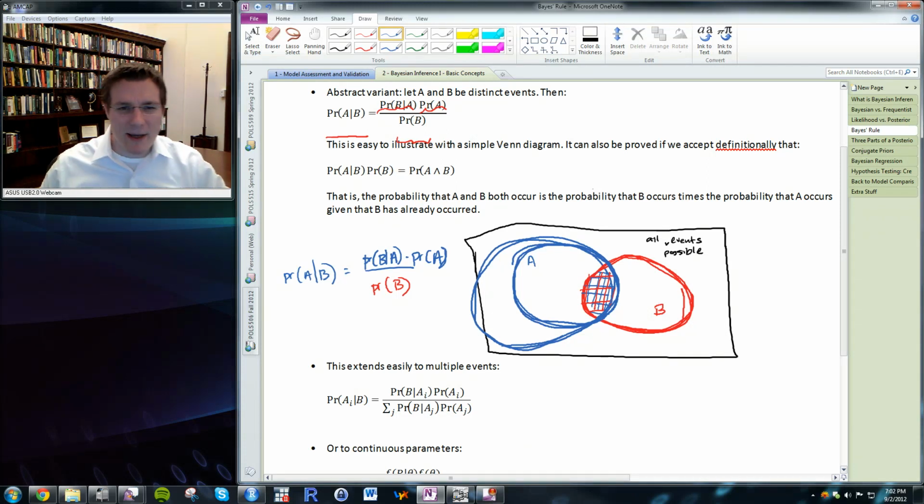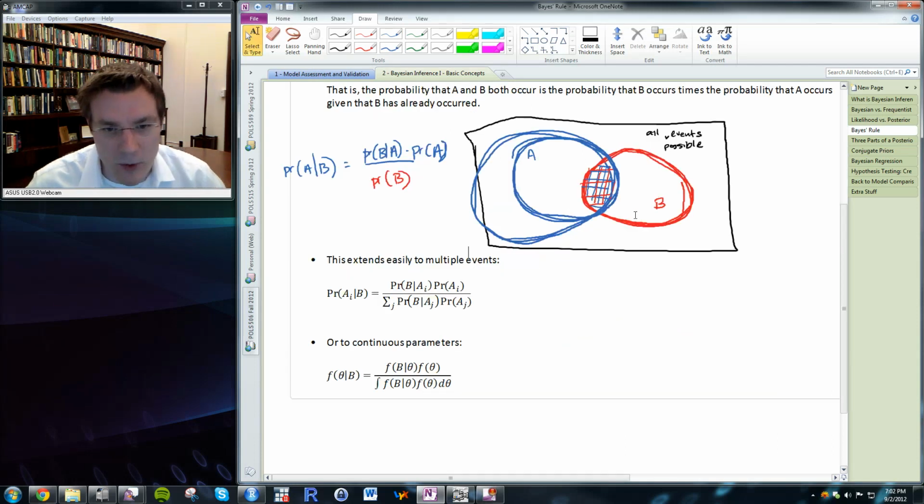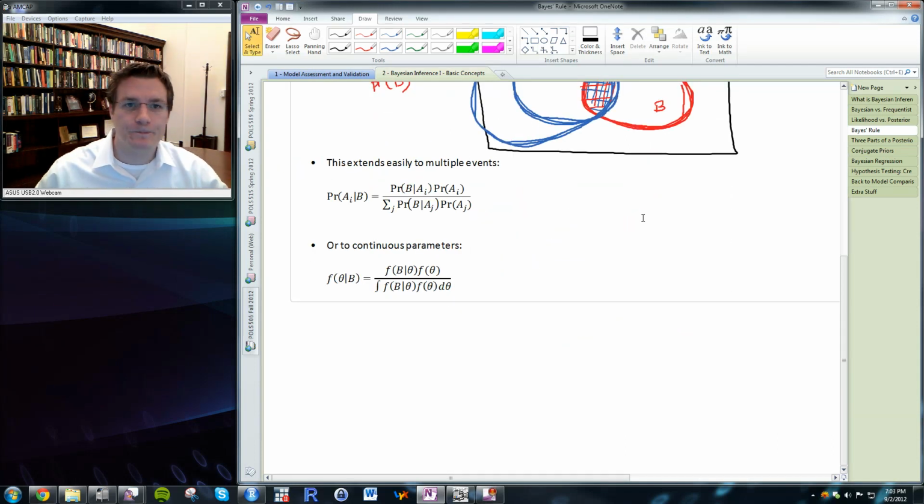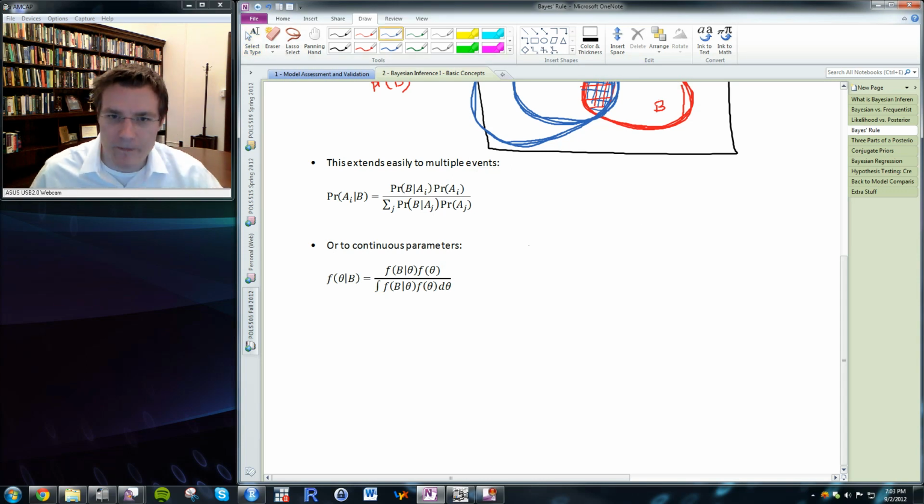So you might be able to see visually how P(A|B) is related to P(B|A) given a Venn diagram. There's also a sort of proof that you can do mathematically if you want to see it in a different way, and I can easily show you how that works as well.